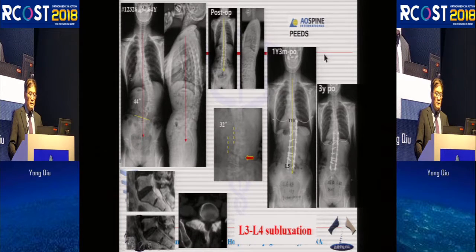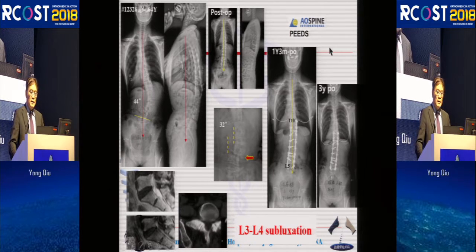This is a study we participated in. This is an international multi-center study financed by AO Spine. So look at this patient. The L5-S1 disc looks healthy. And look at the CT scan, the L5-S1 facet joints look good, not so severely degenerated.